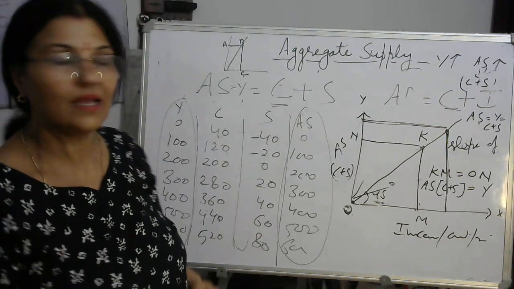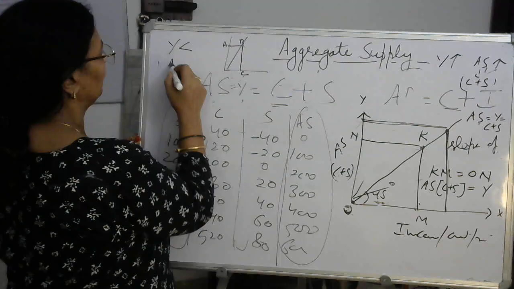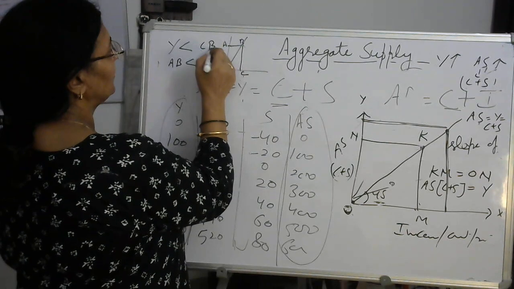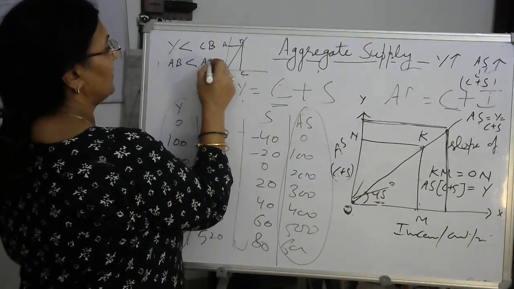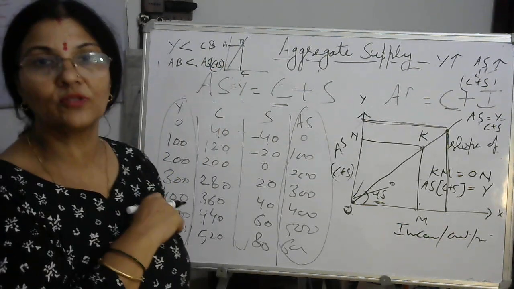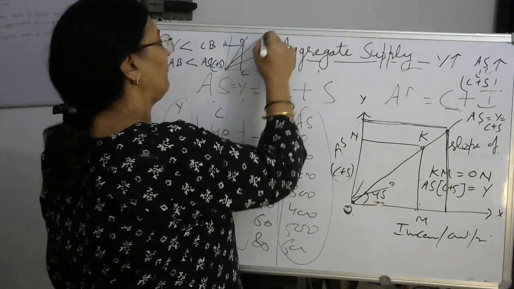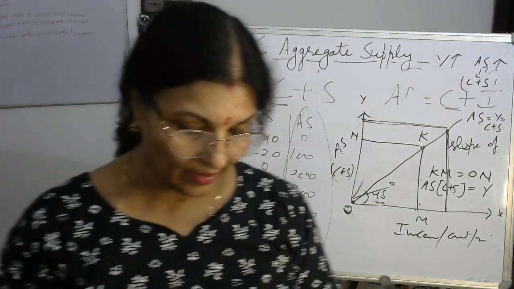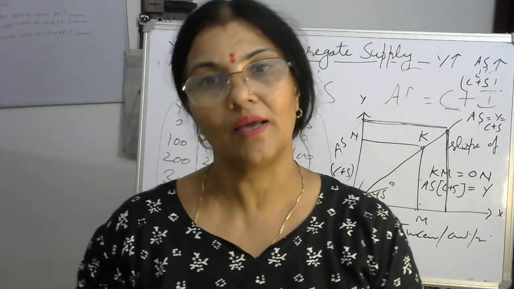AS or C plus S. So Y can never be less than, this is why AB can never be less than CB, which is AS or C plus S. Understood? It is not possible. So it cannot be like this. It is only with 45-degree angle. Reason is AS is equal to Y and Y is equal to C plus S.